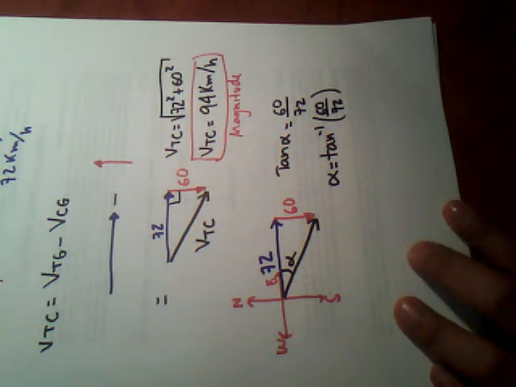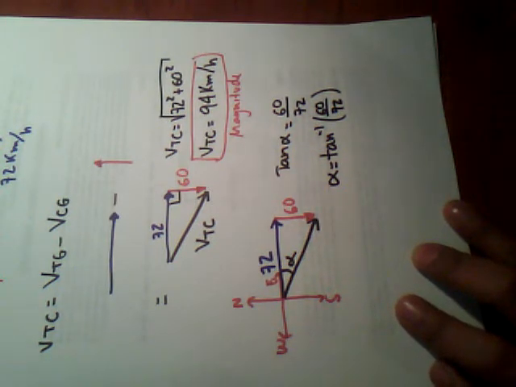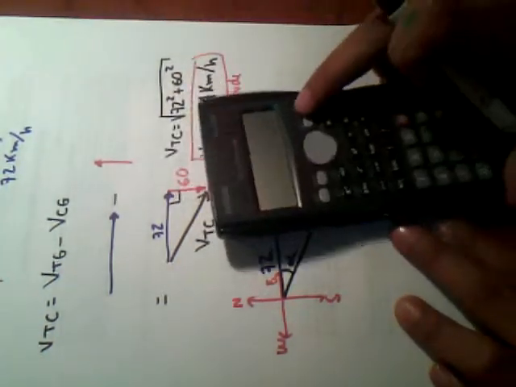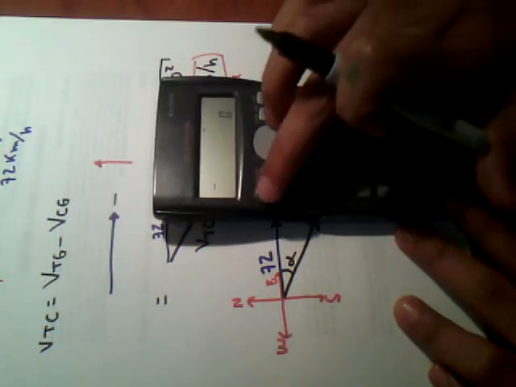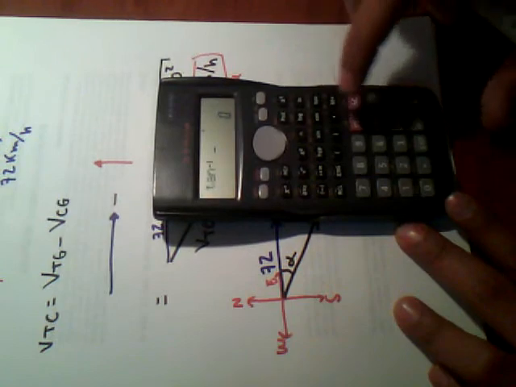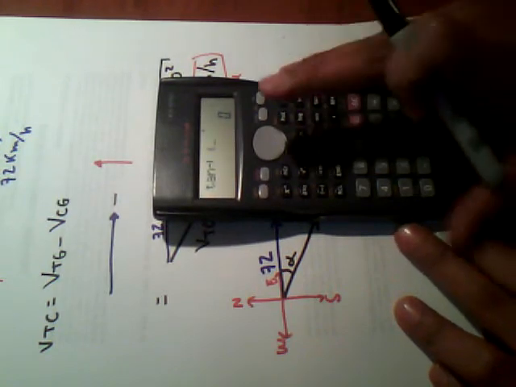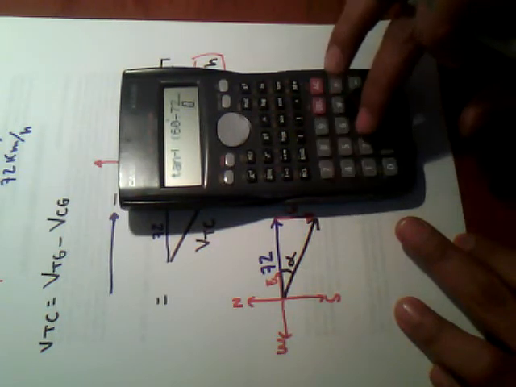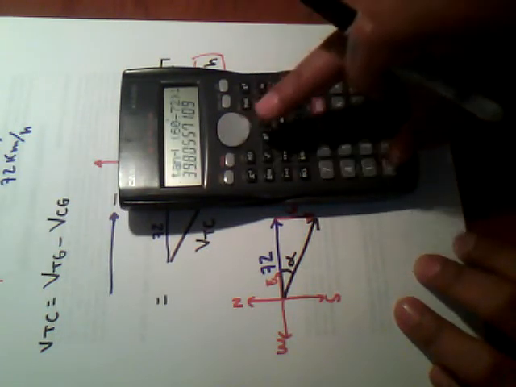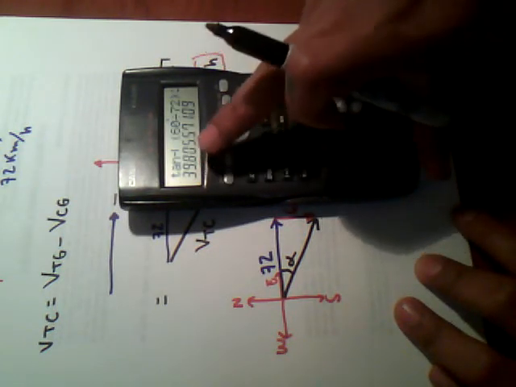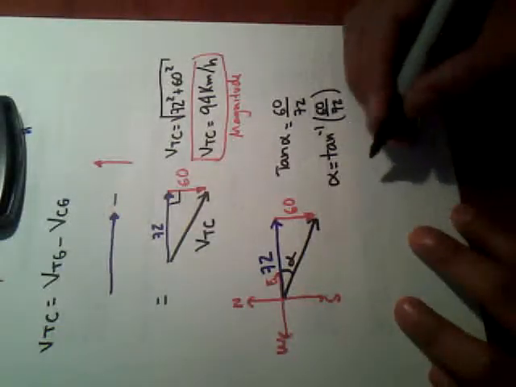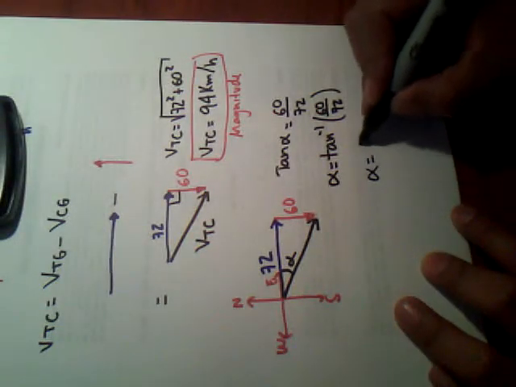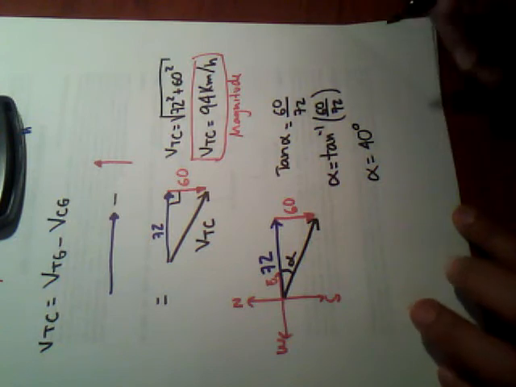And I can do that in the calculator. Here it's very easy. You just have to press shift, tangent, and then in a parenthesis you write 60 over 72, and then you get an angle of around 39.8 degrees, which I'm gonna round to 40 degrees.